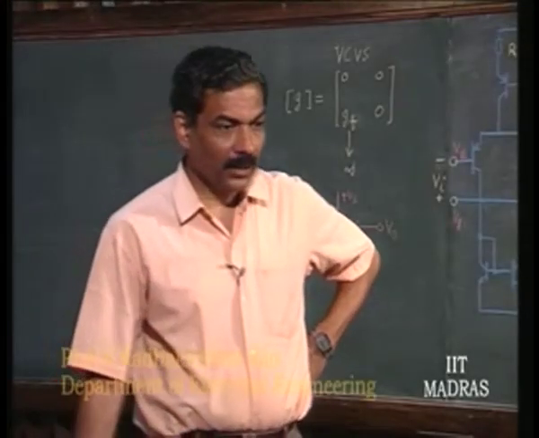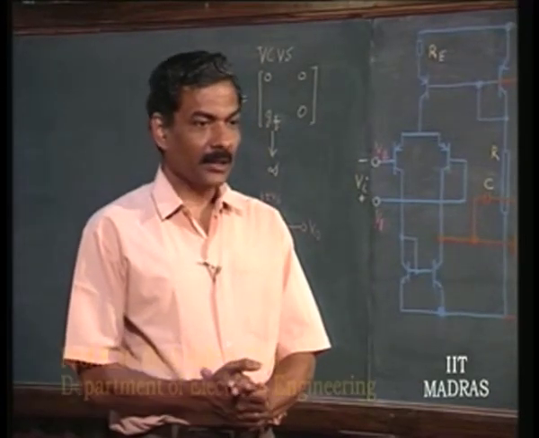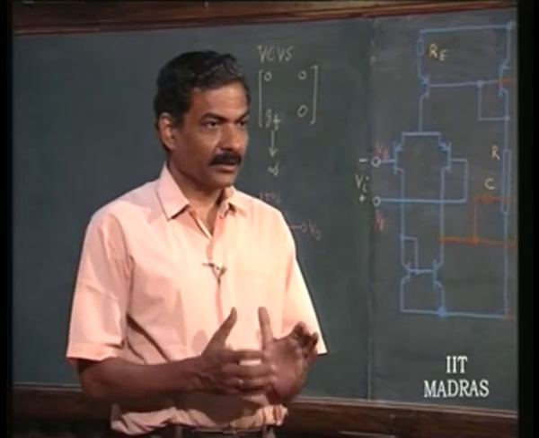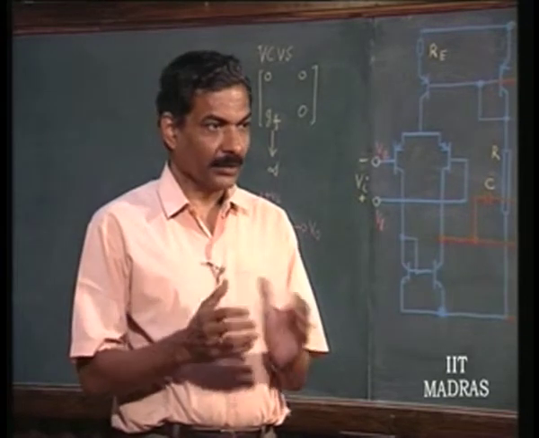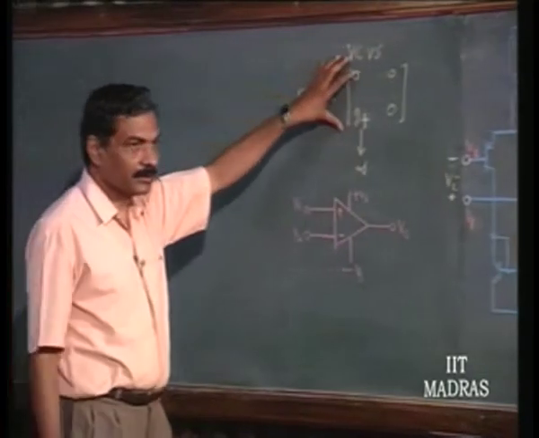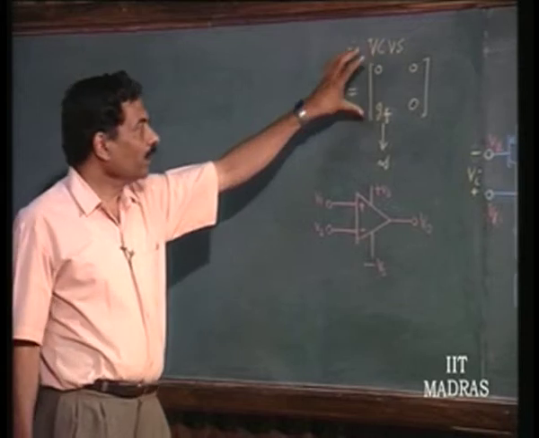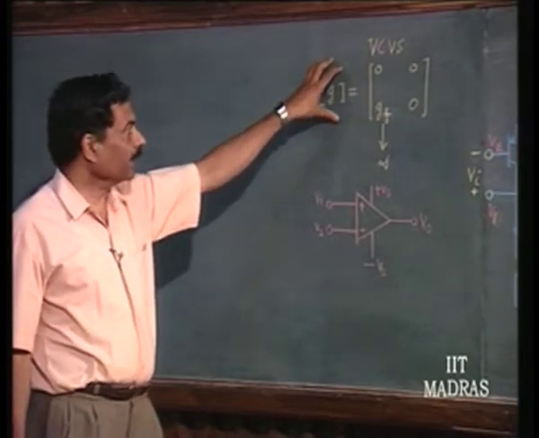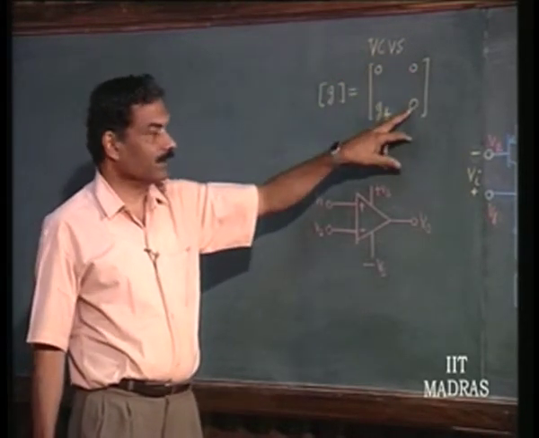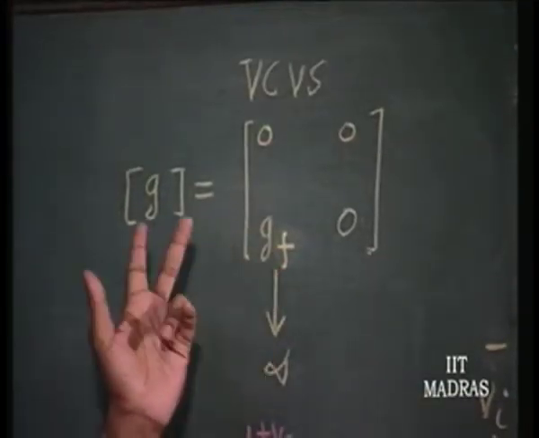Last class we saw how we can synthesize the basic structure required for an operational voltage amplifier starting from the fundamentals. Ideal voltage controlled voltage source G matrix is defined with these elements being 0 and only the forward transfer parameter being finite.